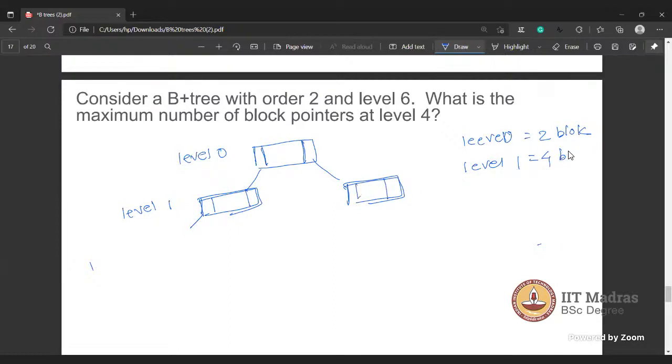So 4 block pointers. After that, level 2 is 2 into 4, 8 block pointers.